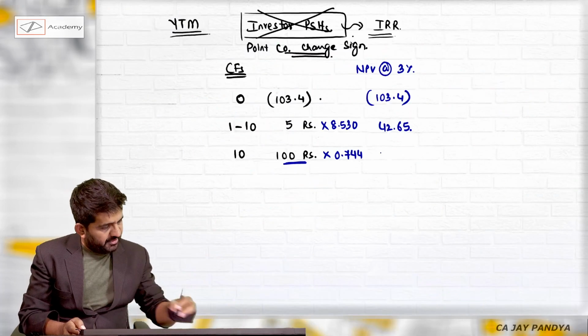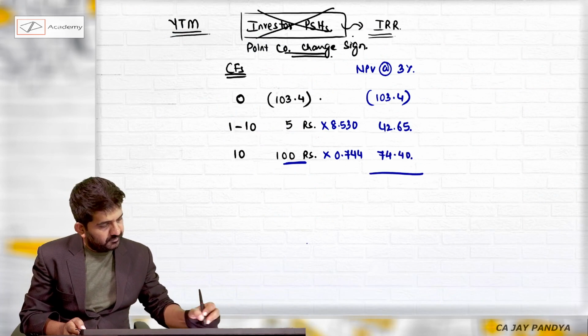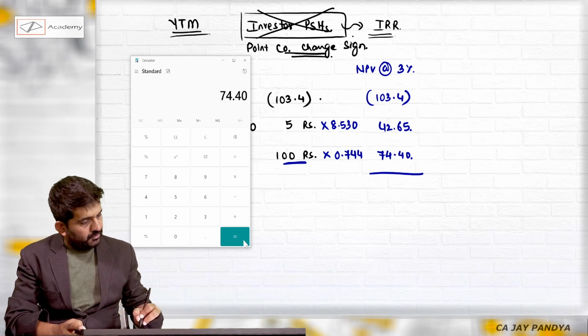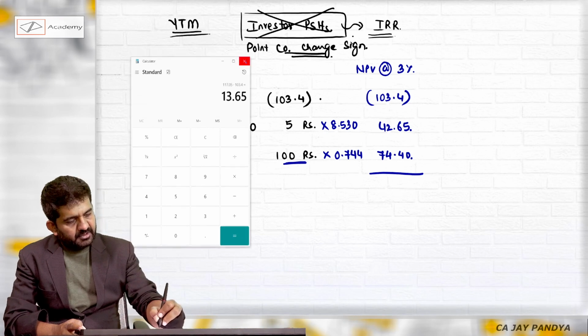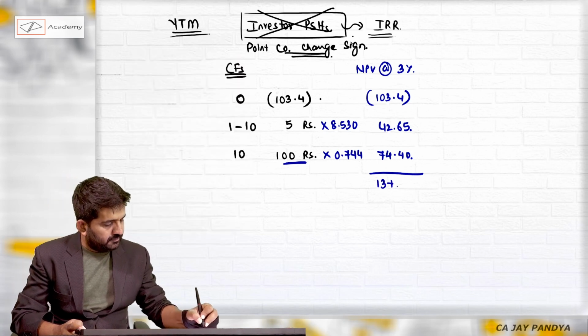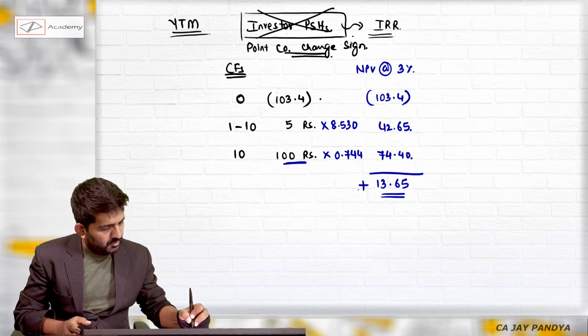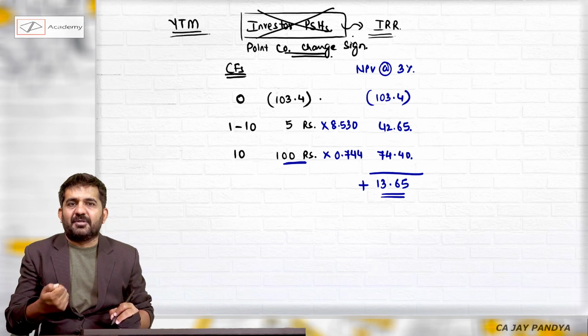Which will be 74.4. So 74.40 plus 42.65 minus 103.4 is 13.65. Positive. This project is earning more than 3% rate of return.